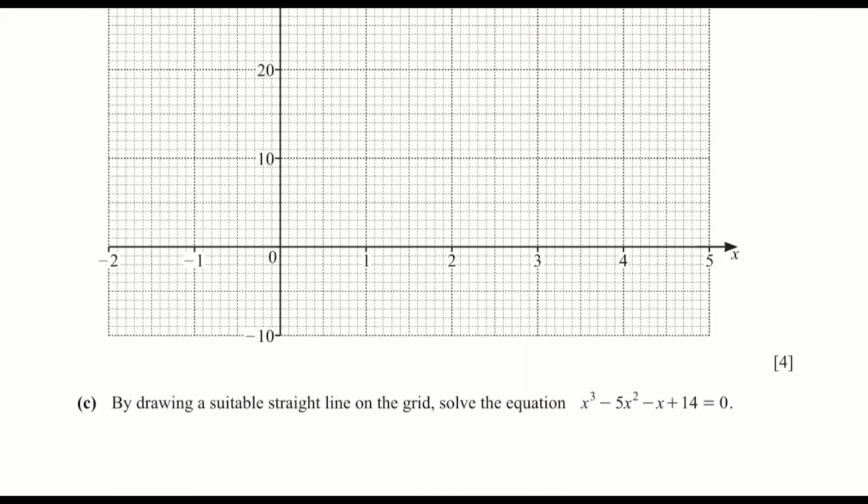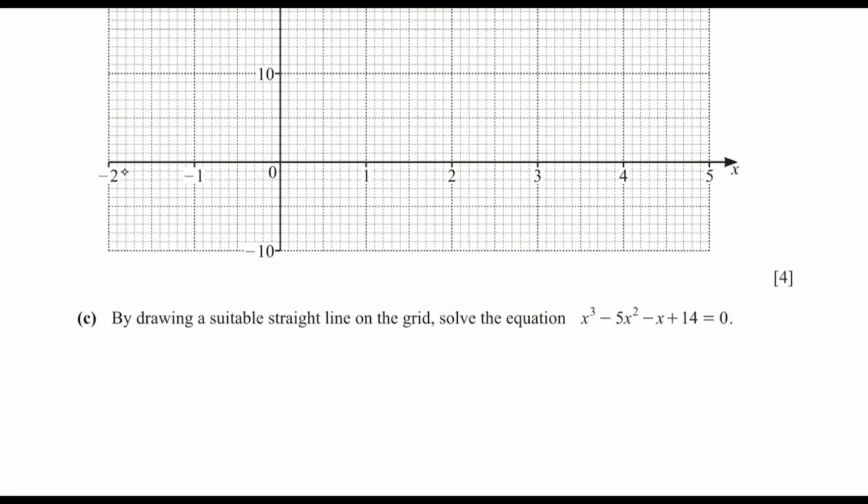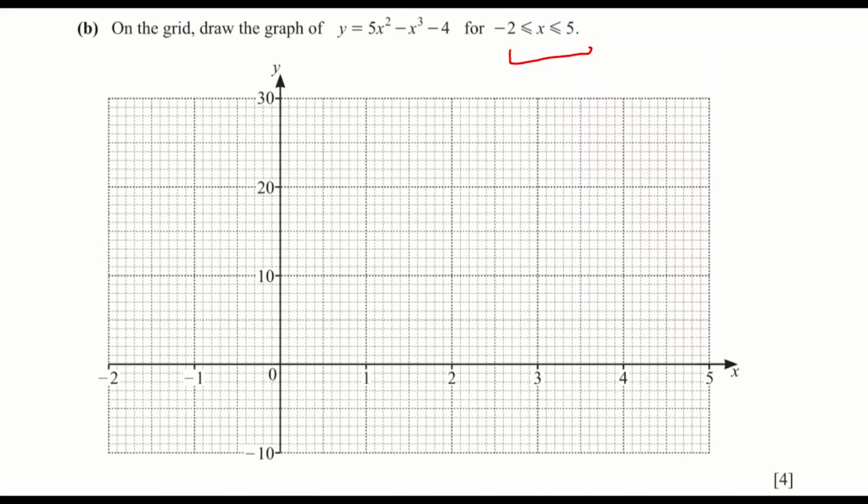So let's start with the first one. When x equals minus 2, y equals 24. So let's go to 24. So this is 20, 21, 22, 23, 24. So this will be the point.